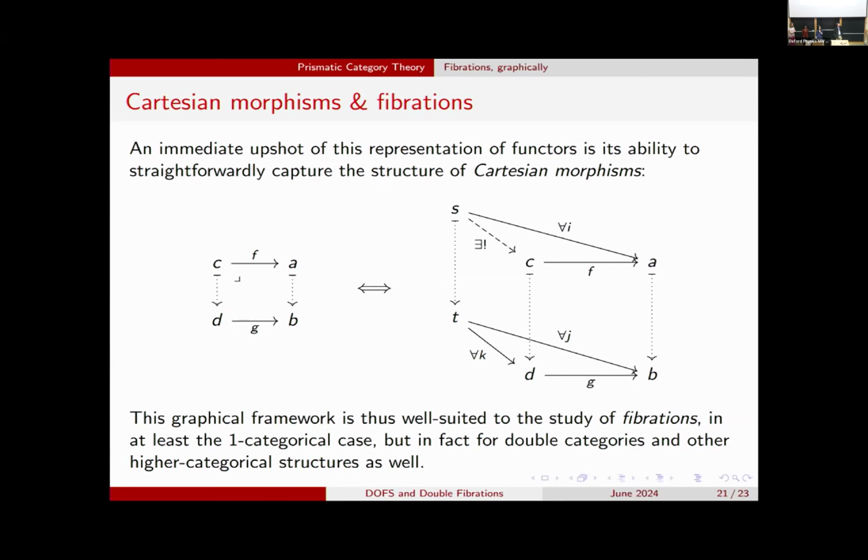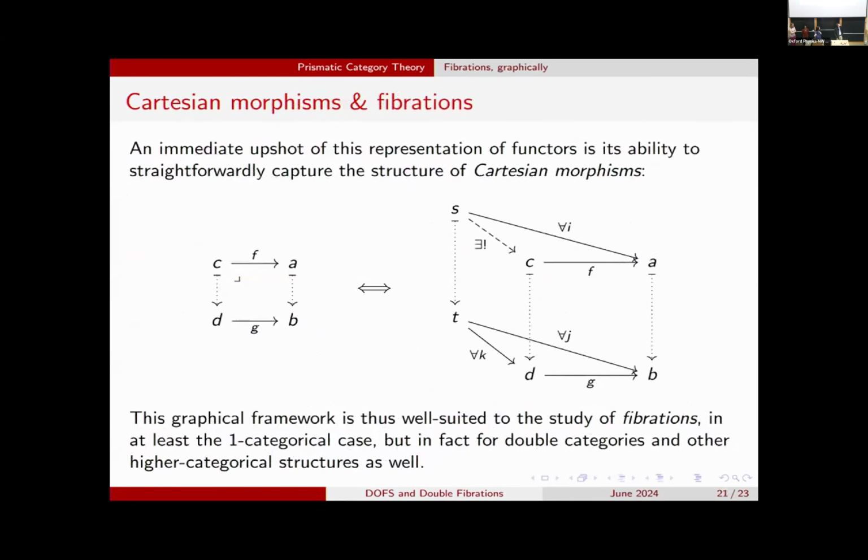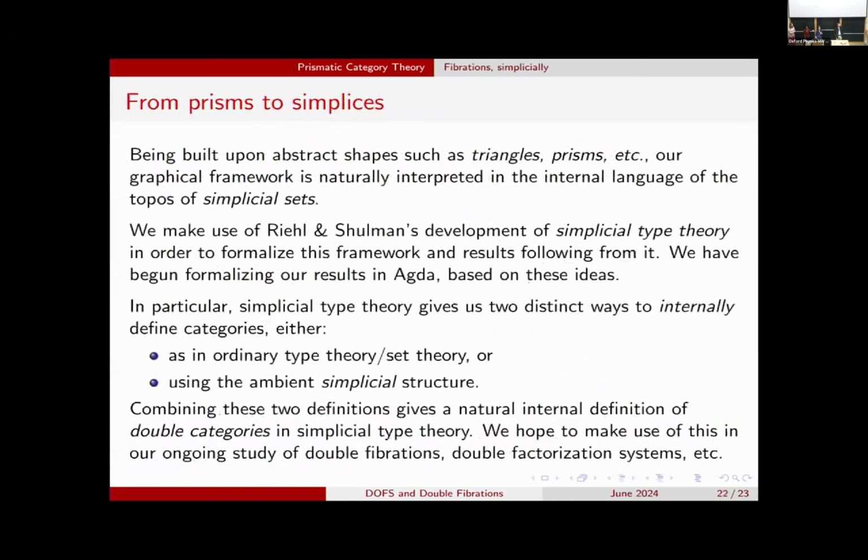So this graphical framework is really nice for working with fibrations, but it also works really well for double categories and other hypercategorical structures if you generalize it a bit in the way that I'm about to talk about. If you go back here, you notice all we were talking about are shapes like triangles lying over each other. And that's really naturally interpreted in the internal language of the topos of simplicial sets.